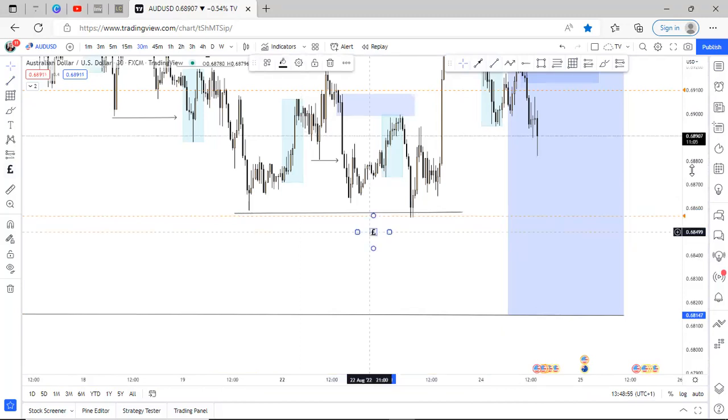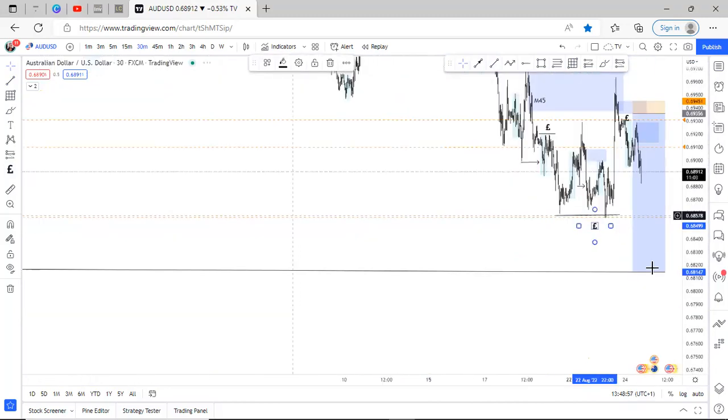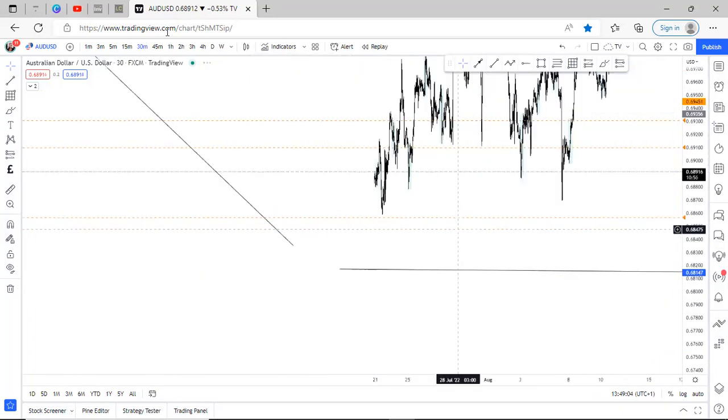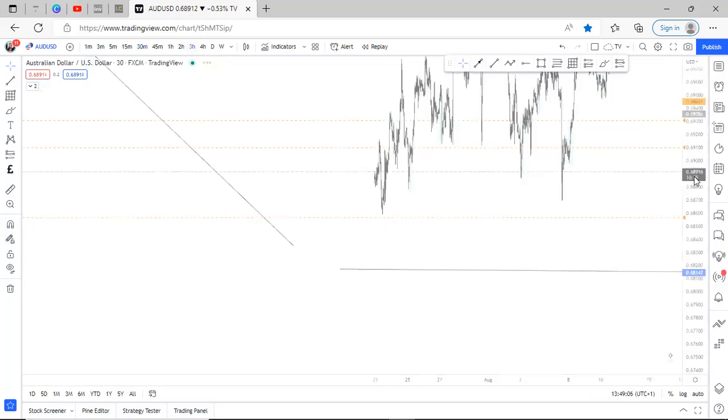Looking for these lows to be cleared, and for take profit, I'm targeting the 0.68200 right there, because to the left we have, let me go to the higher time frame now. My network is a little bit slow, please bear with me.